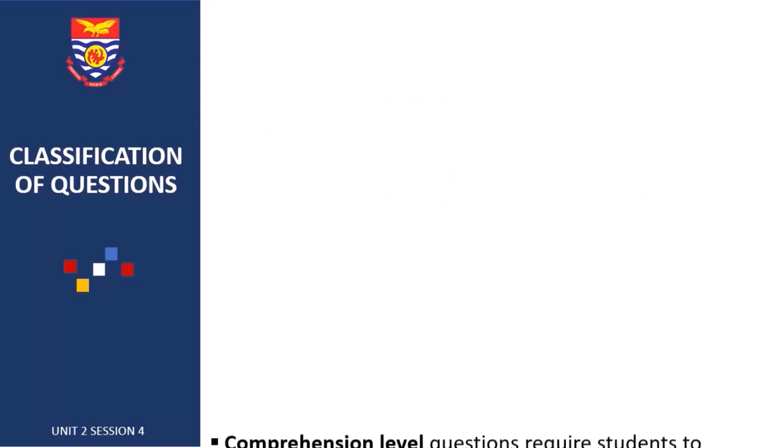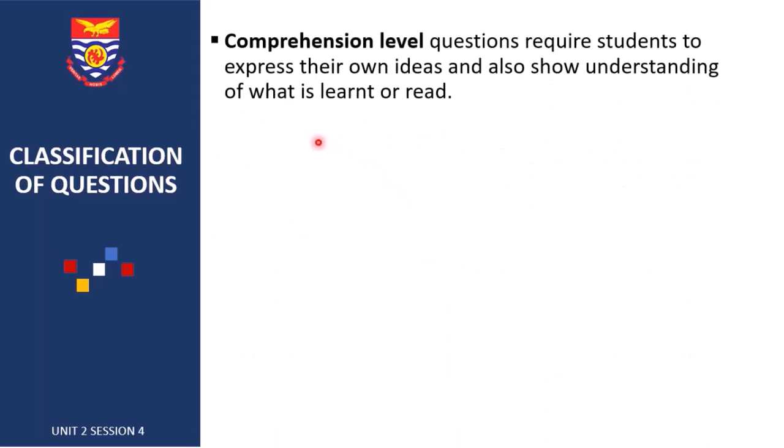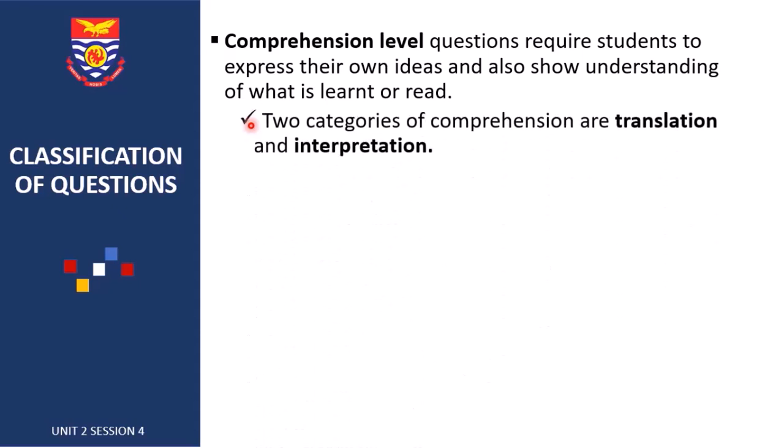Let's look at the next level, which is comprehension. Comprehension level questions require students to express their own ideas and also show understanding of what is learned or read. At this level, we can talk about 2 categories. And what are those categories?